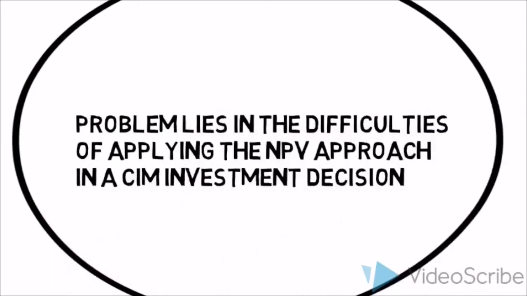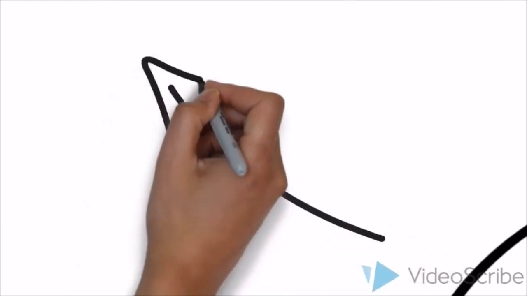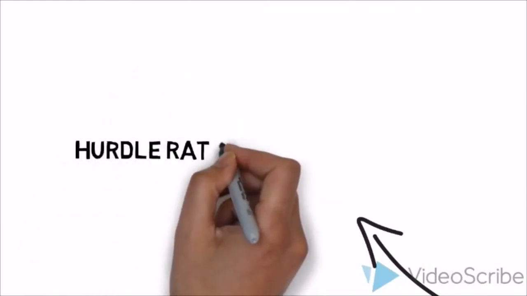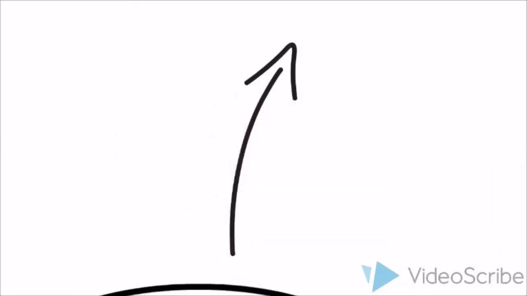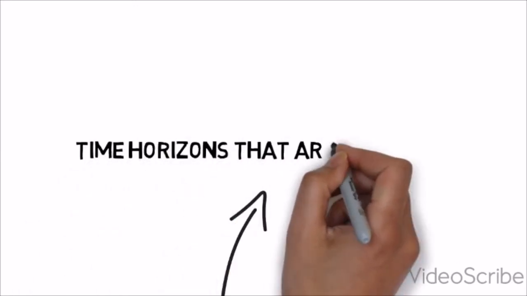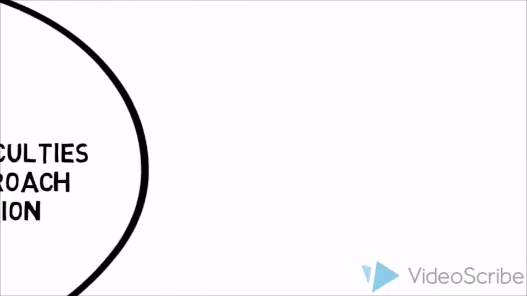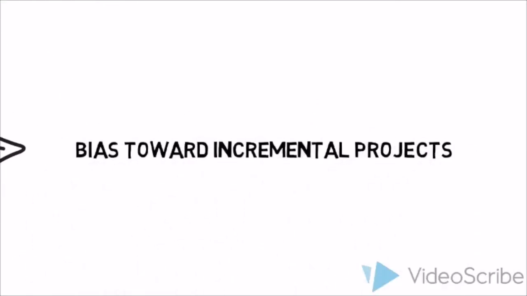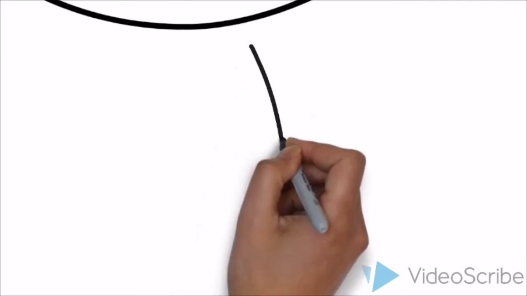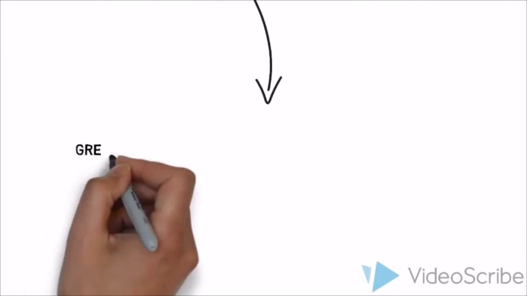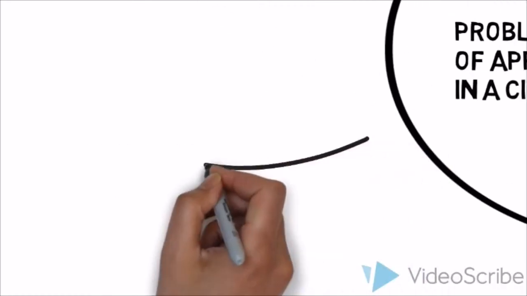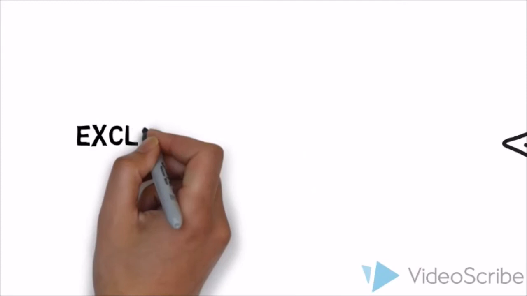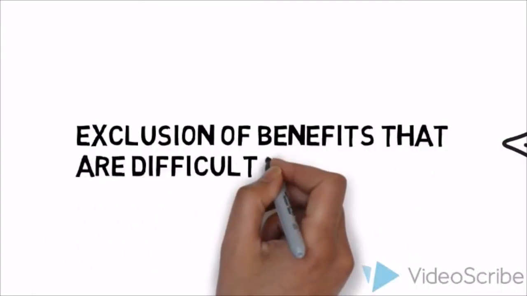Some of these difficulties are: hurdle rates that are too high, time horizons that are too short, bias toward incremental projects, greater uncertainty about operating cash flows, exclusion of benefits that are difficult to quantify.